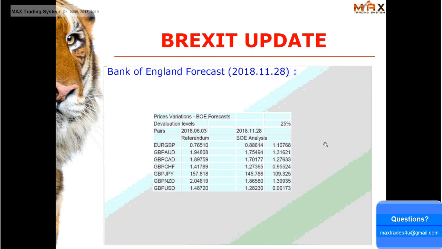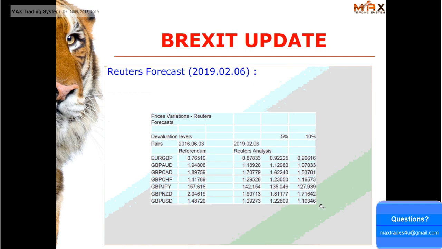And another group of forecasts, which is a typical type of forecast, is the one published by Reuters in February this year, making a forecast between 5% and 10% relative to the price at the moment when Reuters published this analysis. Not 5 to 10% from the referendum day, but from the Reuters analysis.